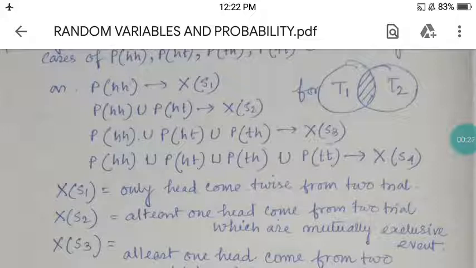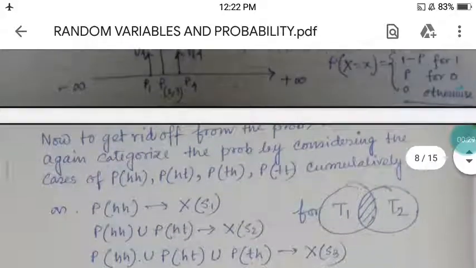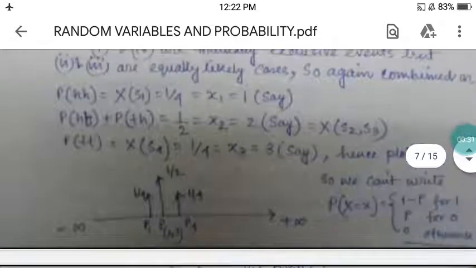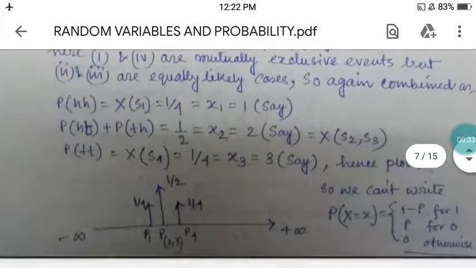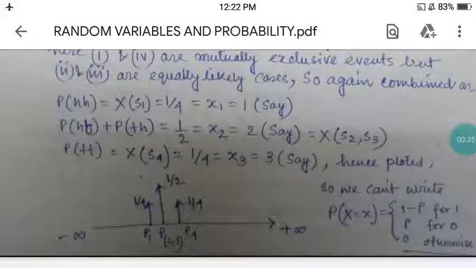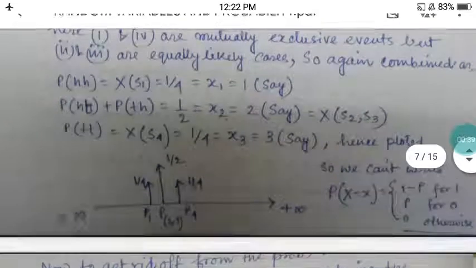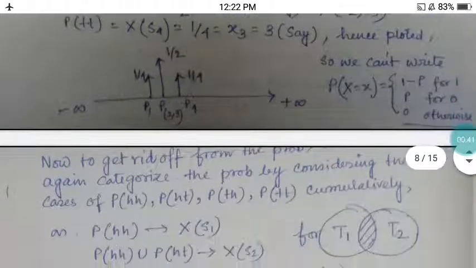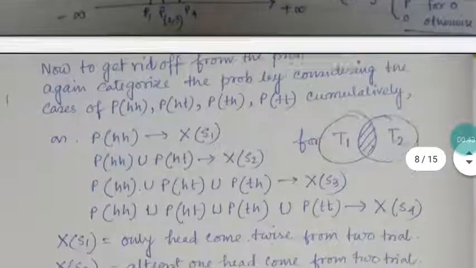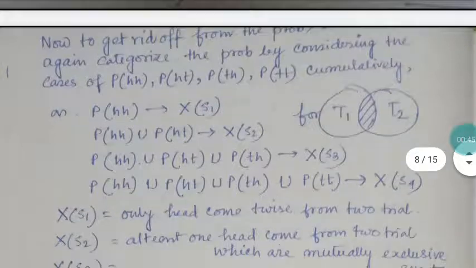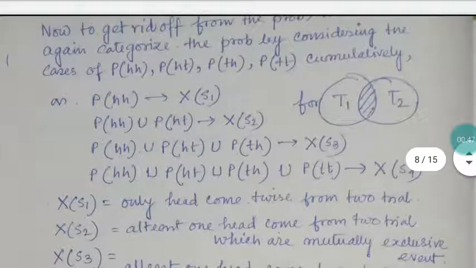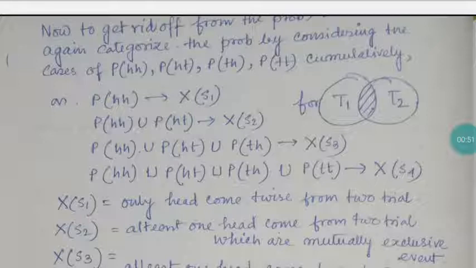Now in the last case what you can see, we have come to the point that we will be getting three cumulative points, that is P1, P2 of 3 and P4, and they are not having the same size of peak. Now to get rid of the problem, again categorize the problem by considering the cases as P of HH, P of HT, P of TH and P of TT. We are going to the CDF, again I am saying.